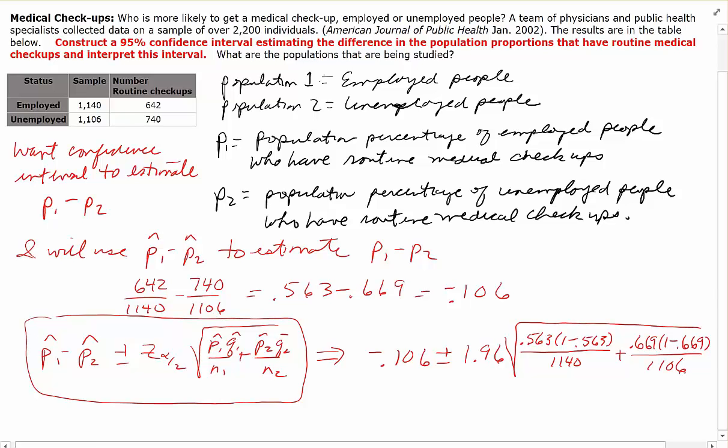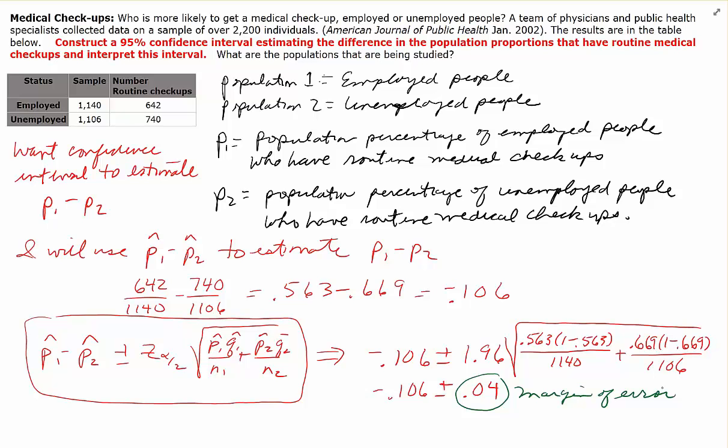So plugging everything into the confidence interval, I get a negative 0.106 plus or minus 0.04. So my margin of error is 0.04. So my estimate of 10.6% between the two population percentages could be as much as 4 percentage points off from what the real value is.